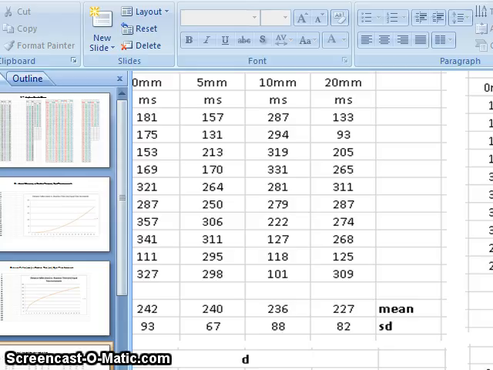It is randomly chosen from the distances from 0 millimeter to 20 millimeter. You can see the difference between the mean and the standard deviation. I see the standard deviation is smaller than the mean.